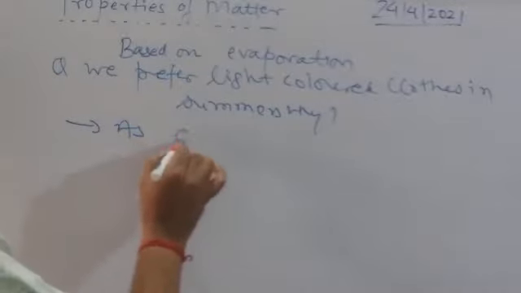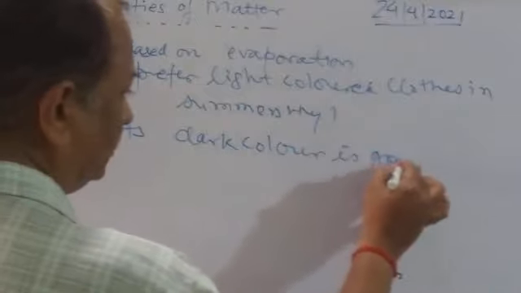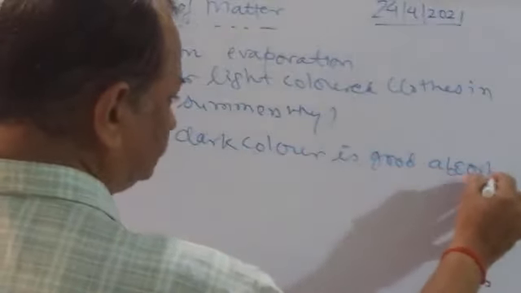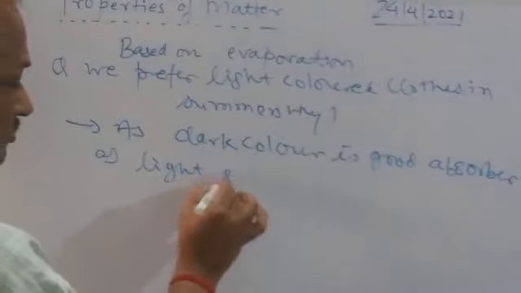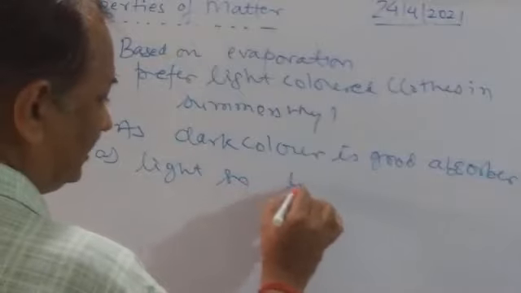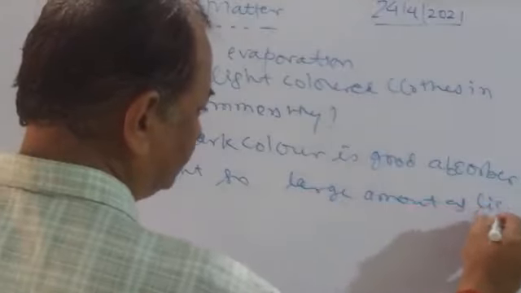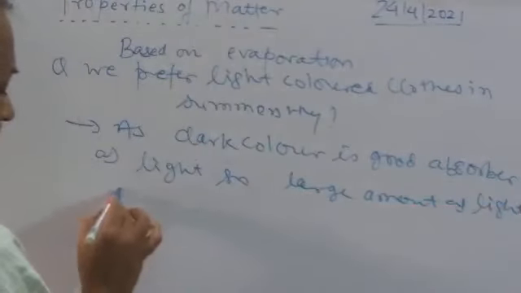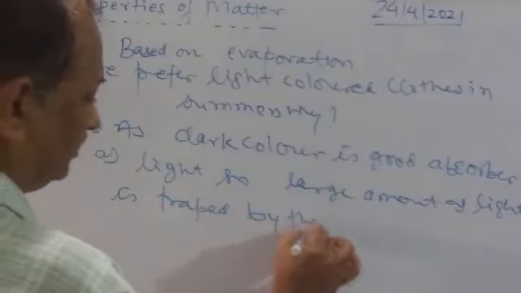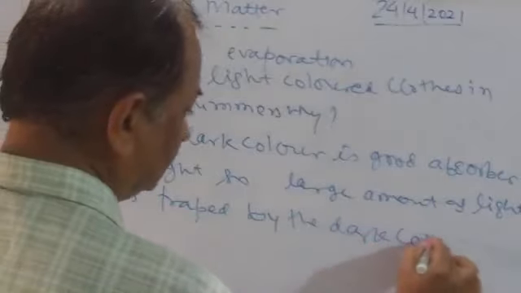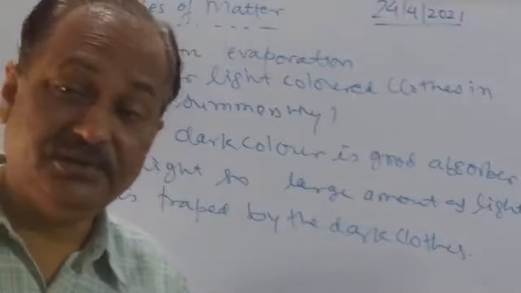As dark color is a good absorber of light, a large amount of heat and light is trapped by the dark cloth. And so what happens? We are not comfortable.